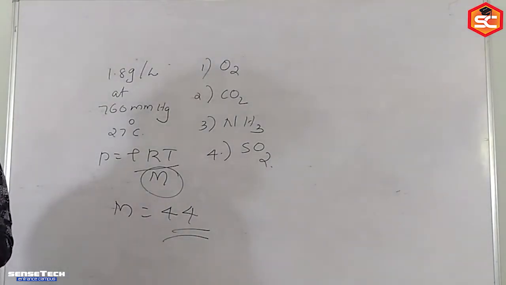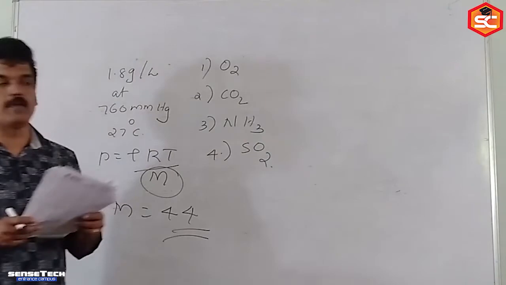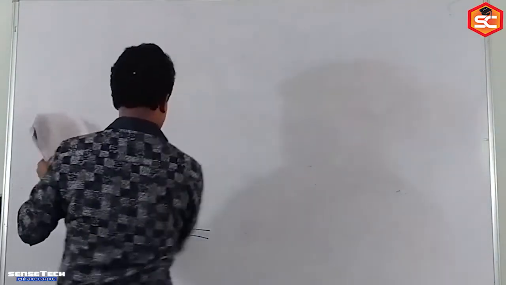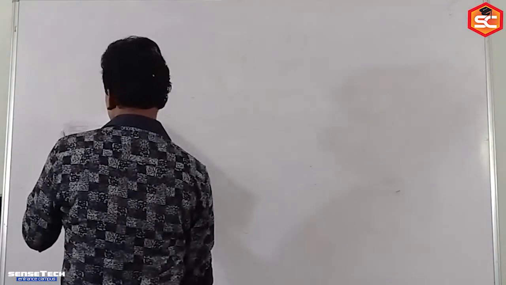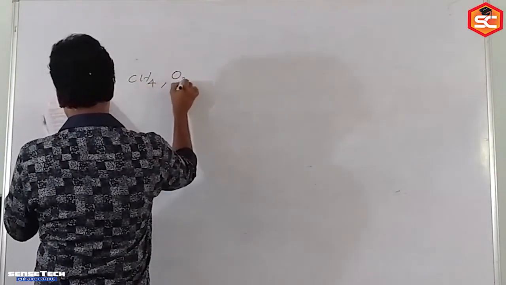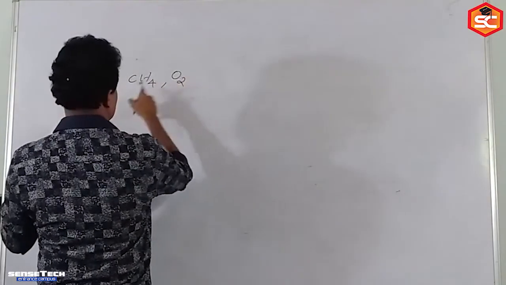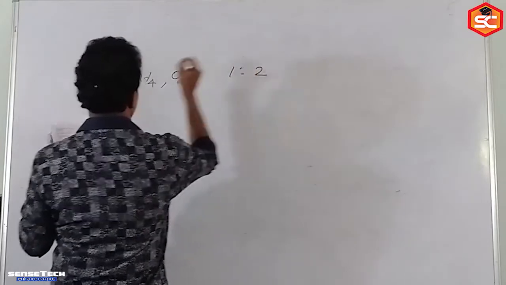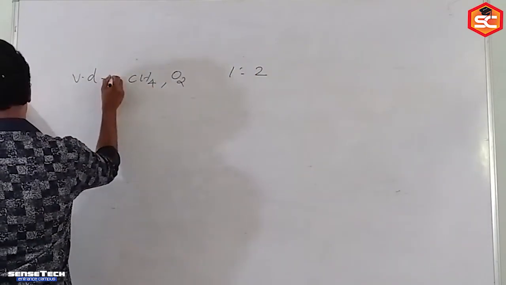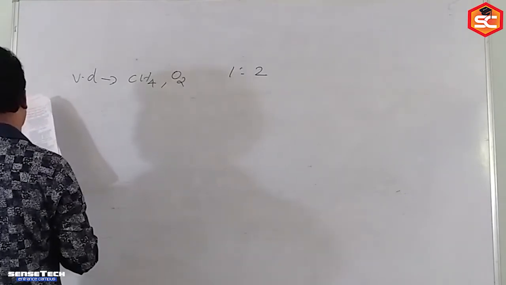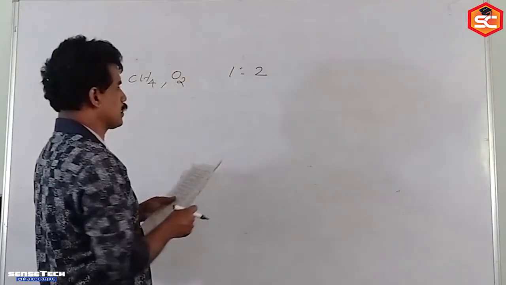Then next question: the vapor densities of methane CH4 and O2 are in the ratio 1:2. The ratio of rate of diffusion of oxygen and methane at the same temperature and pressure will be?